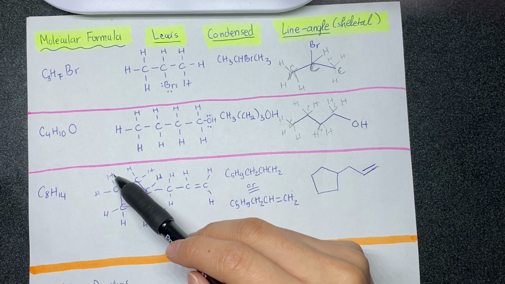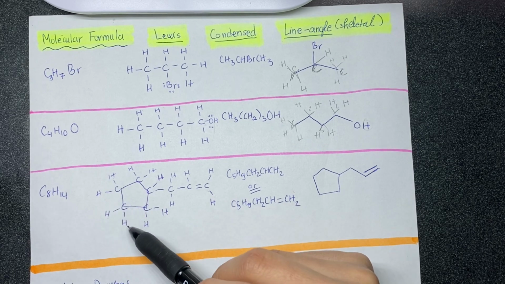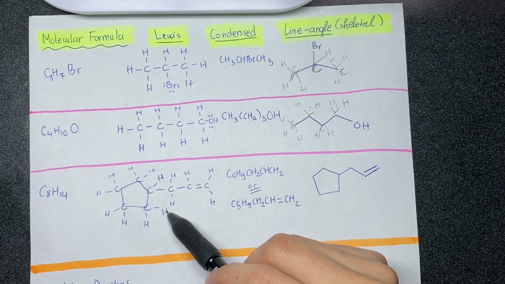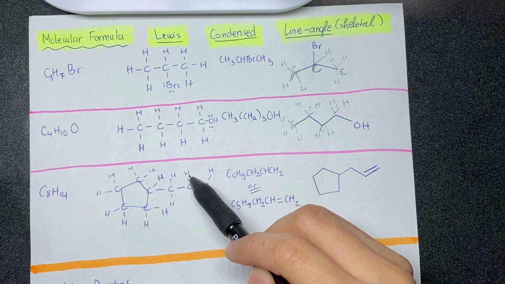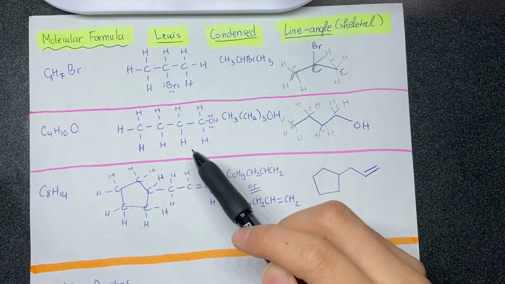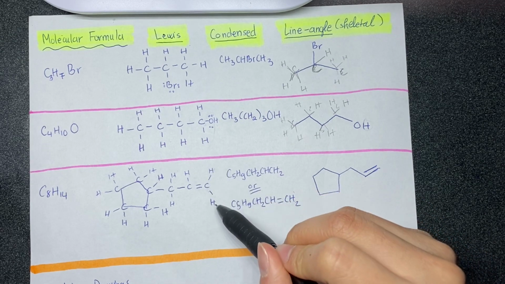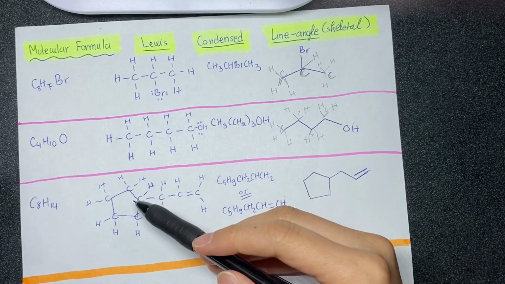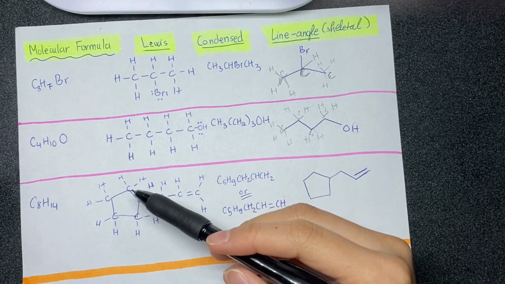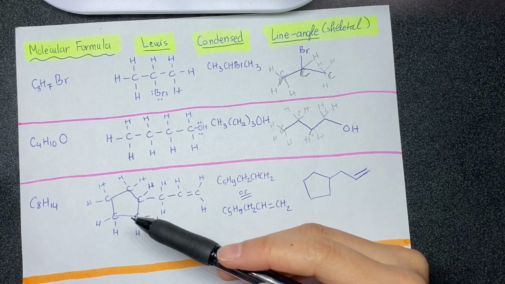So it's basically 1, 2, 3, 4, 5, 6, 7, 8, 9, 10, 11, 12, 13, 14. And then your condensed formula, you're gonna take a look at your ring over here first, because it's a ring.